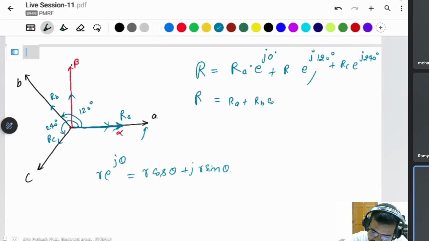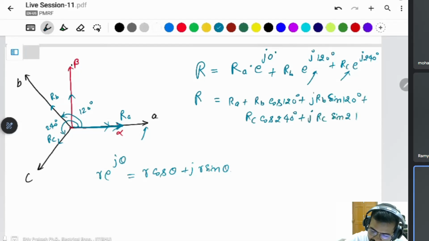Simply you can use that here also: RB cos of 120 degree plus j RB sin of 120 degree. Same thing for RC: plus RC cos of 240 degree plus j RC sin of 240 degree.